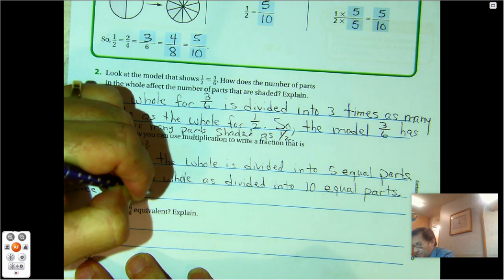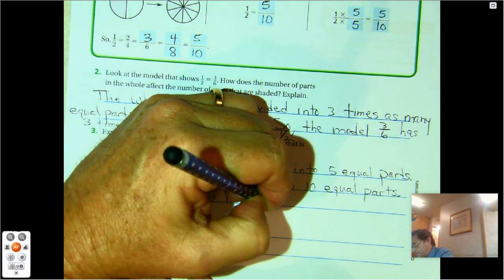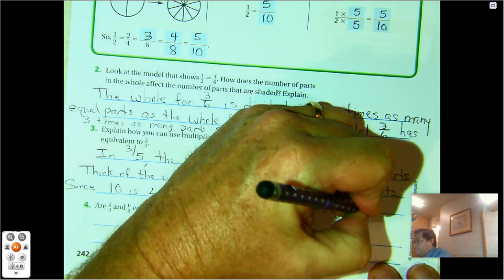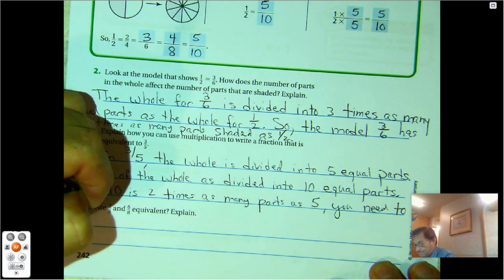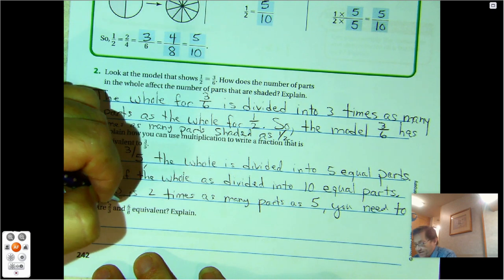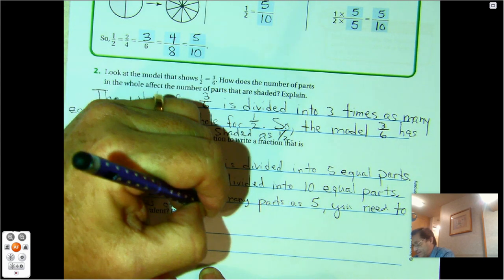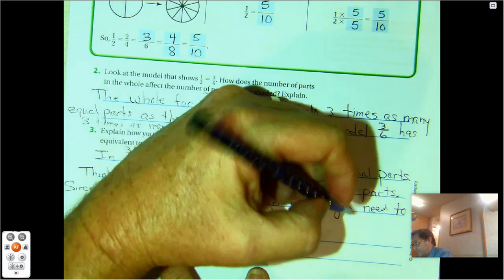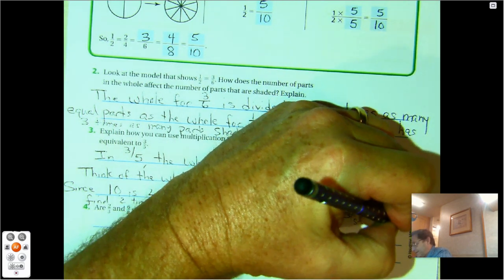Since 10 is 2 times as many parts as 5, you need to find 2 times as many shaded parts as 3/5. So 3/5 times 2 halves equals 6/10.